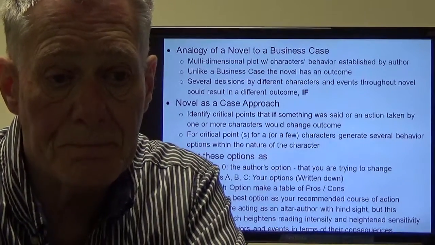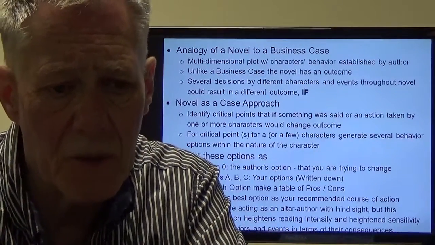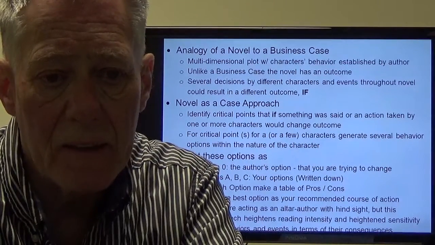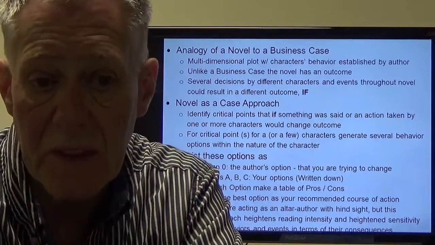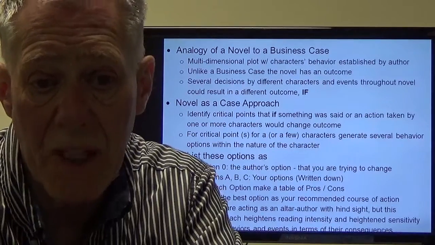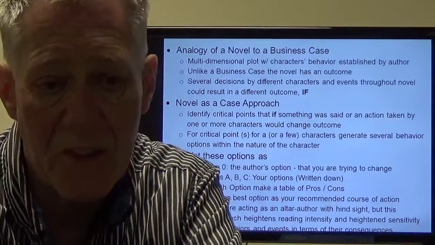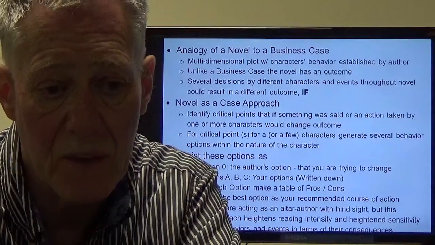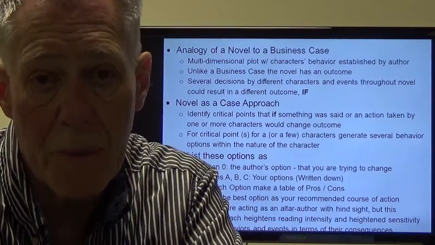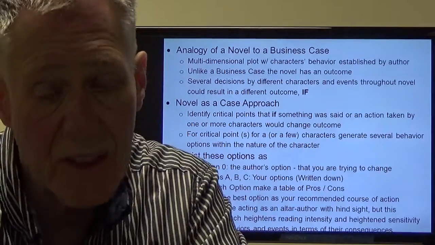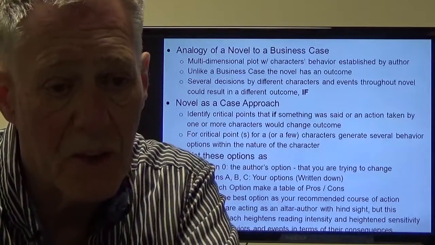At these critical points, you need to generate for the characters two or three behavior options, in addition to the baseline case, which is what the author wrote. Of course, these options have to be within the nature of the character as established by the author.